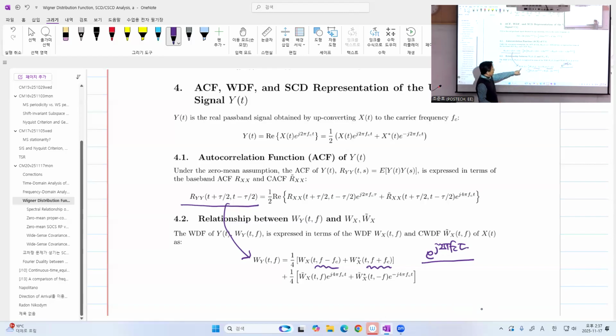So interestingly, the bandpass random process has what? The Wigner distribution of x right shifted in the f direction, left shifted in the f direction, and about the time, there is modulation.